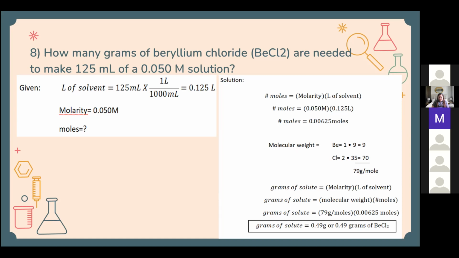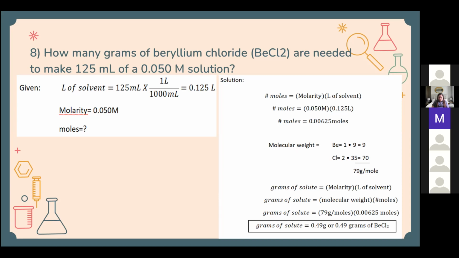Now, what is being asked in number 8 is the grams of beryllium chloride. But if we look at the formula of molarity, there is no grams of solute there. So we will find it in the formula of moles. Since the moles are not given, we have to solve for it in order to get the grams of the solute.